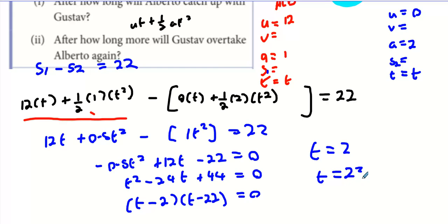Interesting. That means they're 22 meters apart twice. Does that make sense? So it means that Gustav, who's in the lead at the moment, will be in the lead by 22 meters twice.